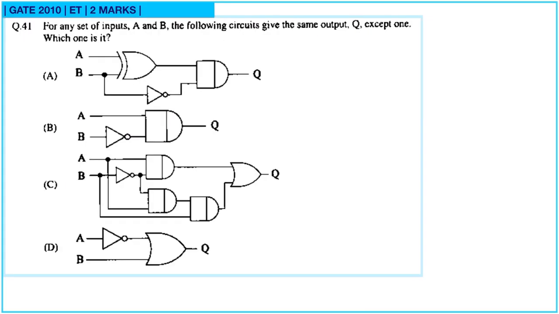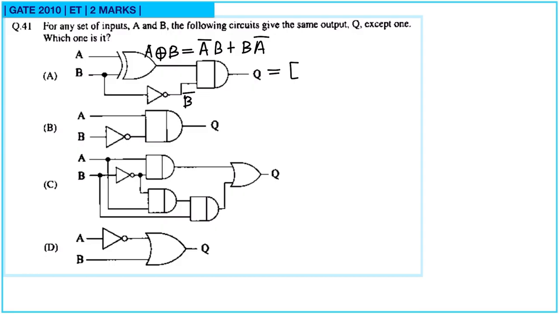Question 41. For any set of inputs A and B, the following circuits give the same output Q except one. Which one is it? So we have to find the output for each case. So here this is an XOR gate, so it will give you A XOR B, and this is a NOT gate, so B bar. A XOR B is A bar B or B A bar.